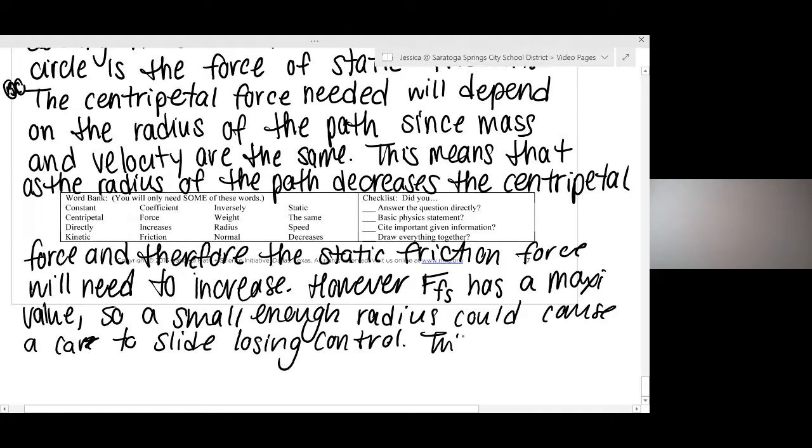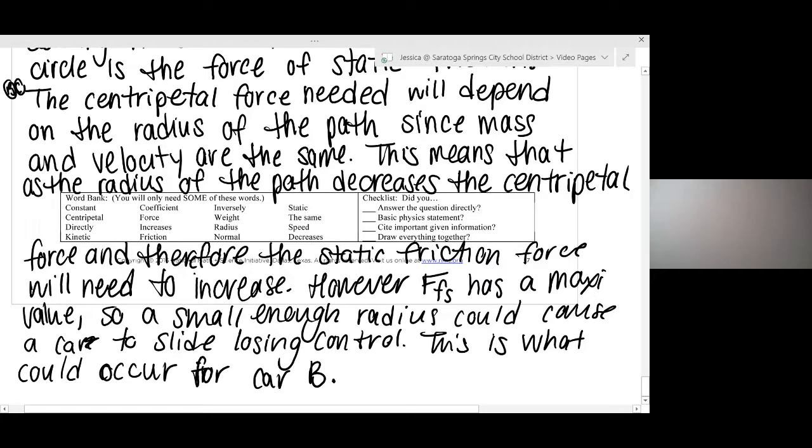This is what could occur for car B. So again, this sentence here is citing evidence.